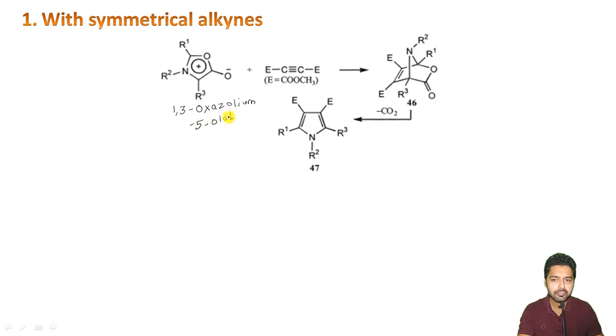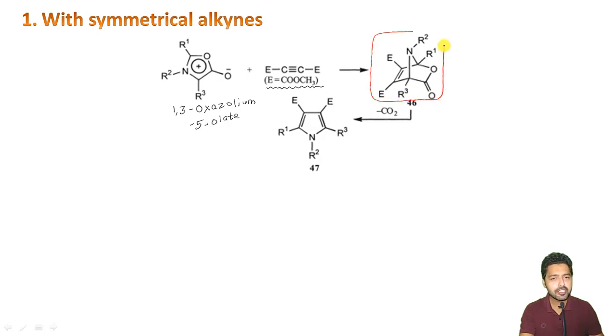Let me write here the 5-olate, and the second reactant which you can see here is some sort of symmetrical alkyne molecule. Okay, and by 1,3 type of dipolar cycloaddition reaction, it is giving this type of cyclic adduct here.